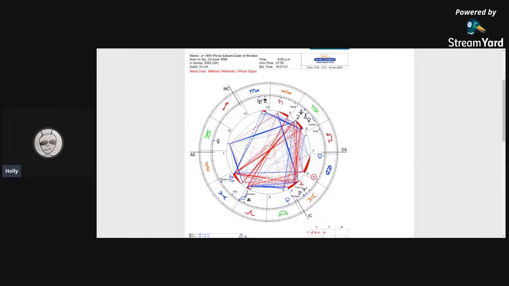And what we can see here is that Prince Edward was an Aquarius rising. So with Hellenistic astrology, you're really looking first at what that sign is on the first house.